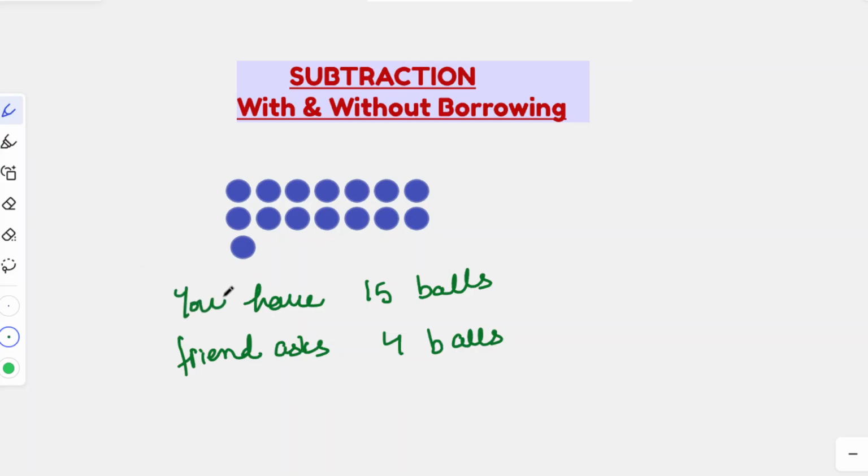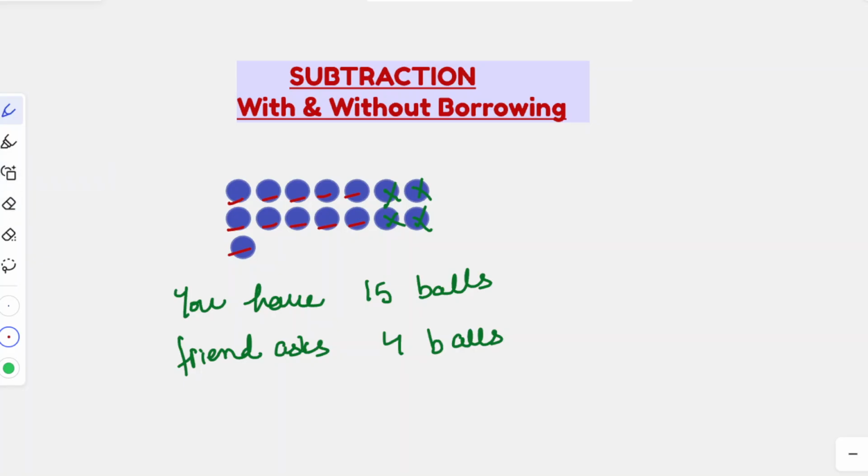That is what we do in subtraction. Alright, let's suppose you give away 1, 2, 3, 4. Let's see how many we are left with. 1, 2, 3, 4, 5, 6, 7, 8, 9, 10, 11. You are left with 11 balls.